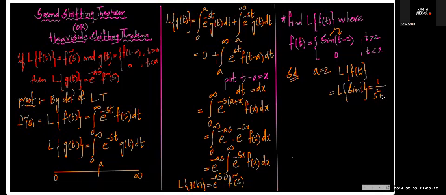So by the second shifting theorem, the answer will be Laplace of f of t equal to e power minus as, where a value is 2, so e power minus 2s, into f bar of s. f bar of s is also equal to L of sin t, and the value of that is 1 by s square plus 1.